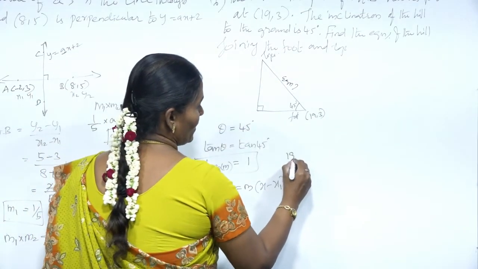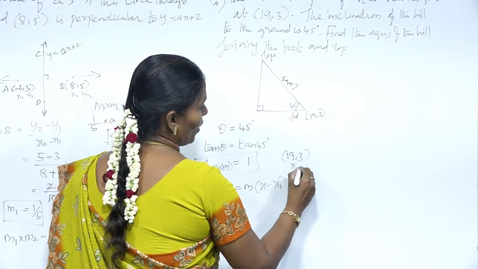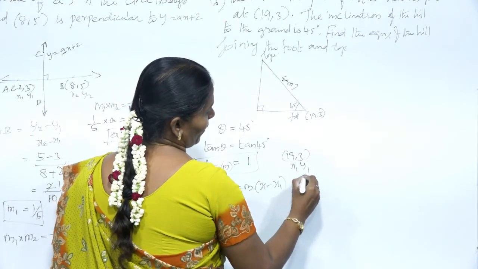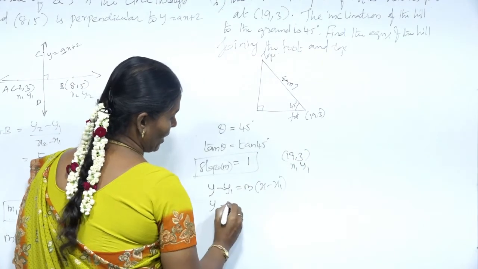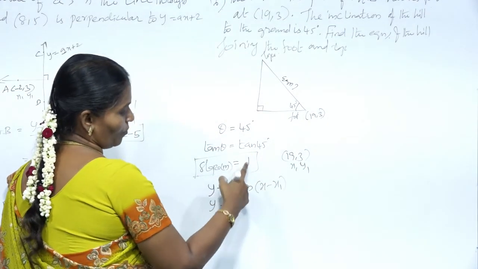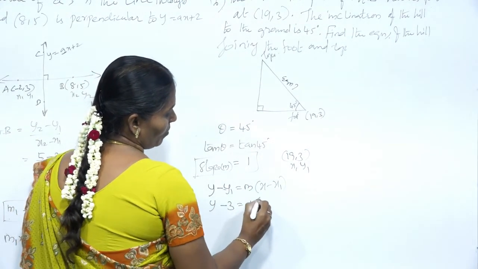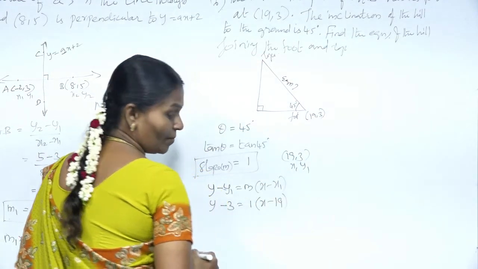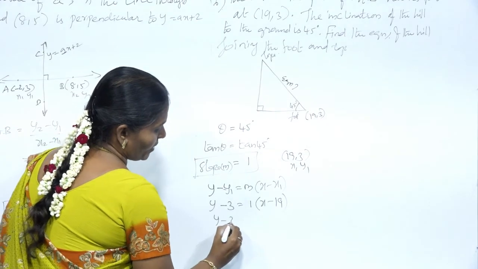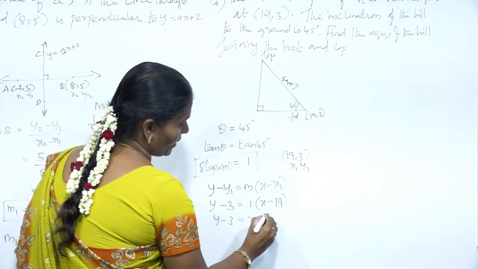So here 19 comma 3, you consider x1, y1. Here y minus y1, that is 3, is equal to slope m, which is 1. So substitute here 1 of x minus x1, which is 19. So y minus 3 is equal to x minus 19.